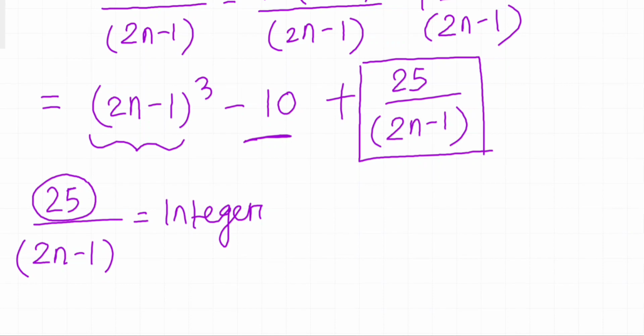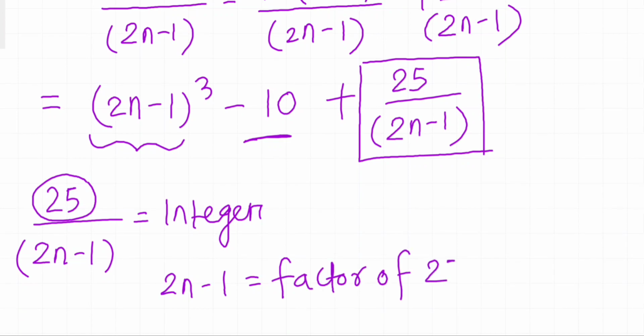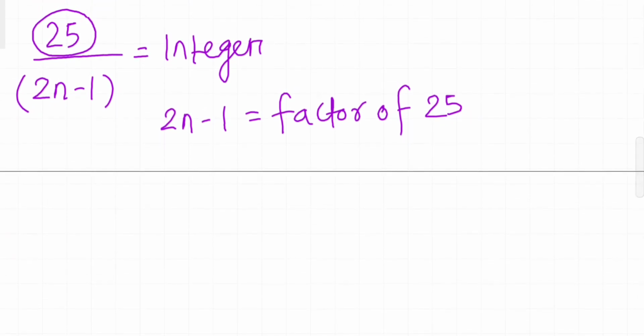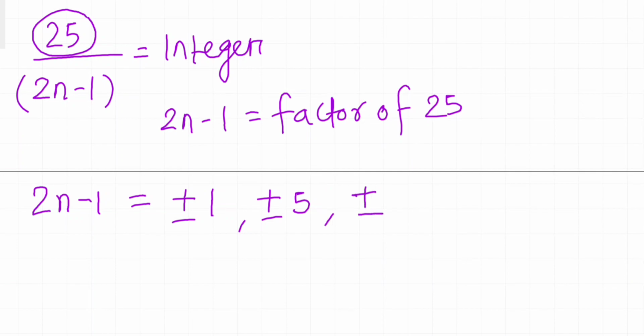So 2n minus 1 is a factor of 25. So 2n minus 1 must be either plus or minus 1, plus or minus 5, and plus or minus 25, because these six integers are proper factors of 25.